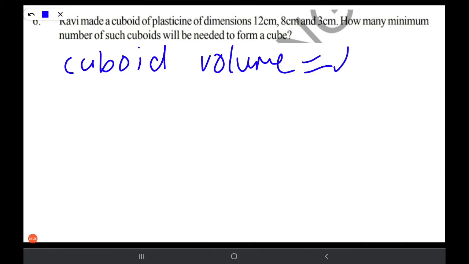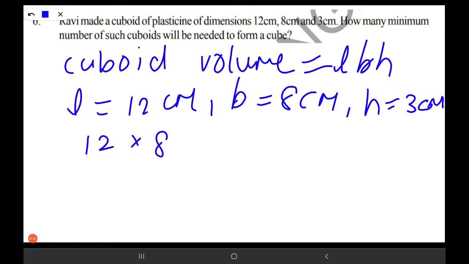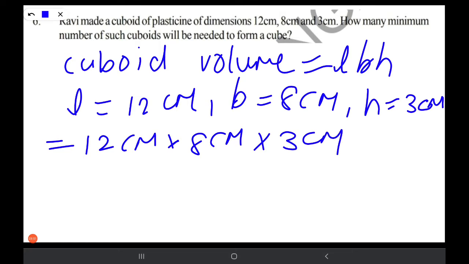So let us find the volume of the cuboid. Volume of cuboid formula: cuboid volume is equal to L times B times H. L is equal to 12 centimeter, B is equal to 8 centimeter, H is equal to 3 centimeter.